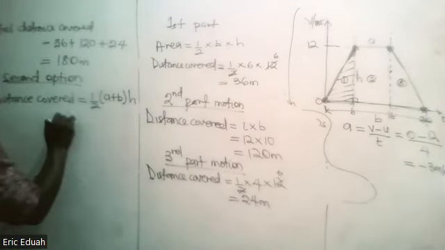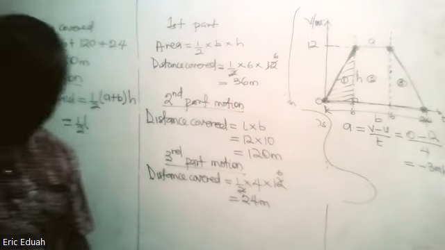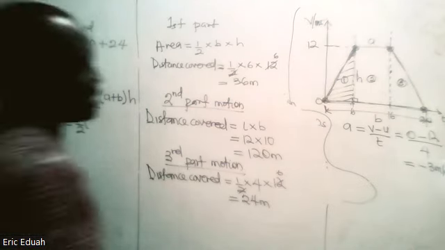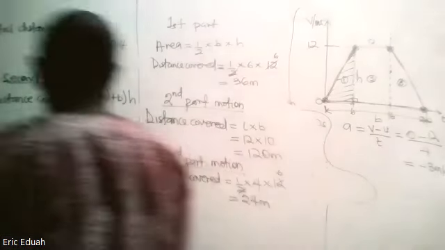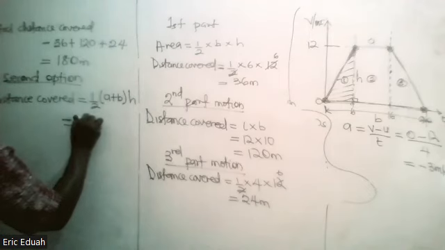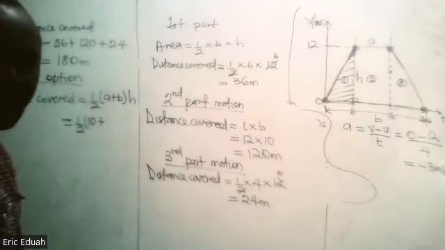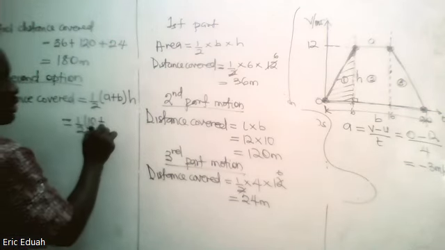Therefore, let's extract our data. What's the value of A? That is 10, so 16 minus 6. What's the value of B? 20.